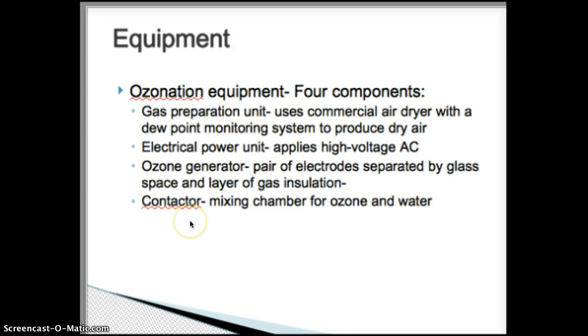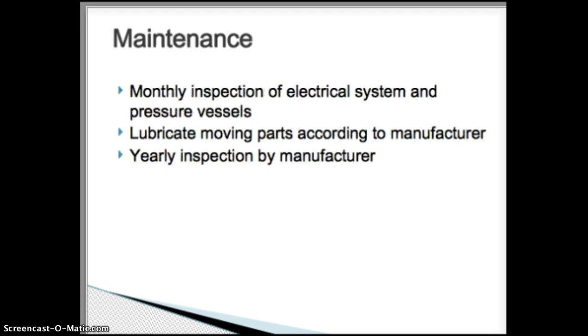And then the contactor would effectively be the mixing chamber for ozone and water. It requires a monthly inspection of the electrical system and pressure vessels and lubricating moving parts according to the manufacturer, plus a yearly inspection by the manufacturer.